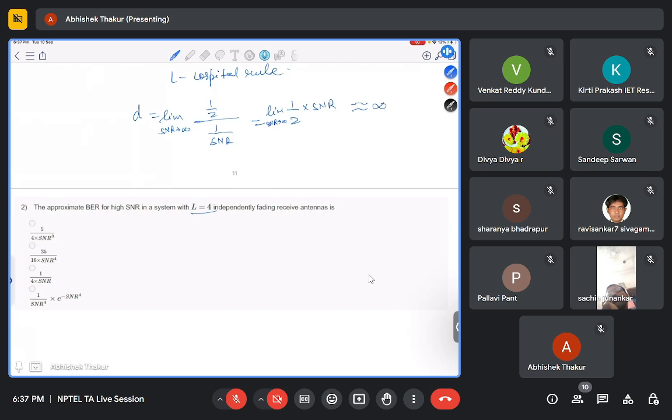We have studied a formula in the tutorial session that bit error rate is equal to 2L minus 1 CL into 1 by 2 into SNR to the power of L. So here we have to substitute the value L equal to 4 and we will get the answer.